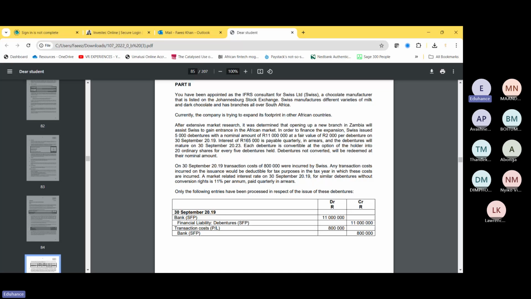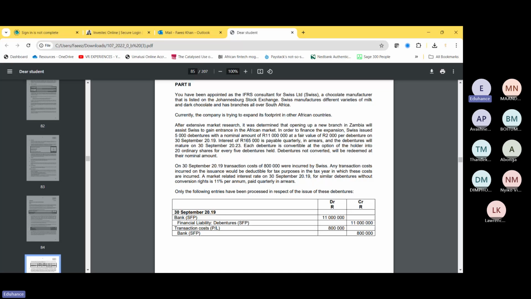We're not sure whether we're going to issue equity at the end of the 4 years or whether we're going to issue debt. It's at the option of the holder in this case, so we will split it out between its equity component and its liability component.